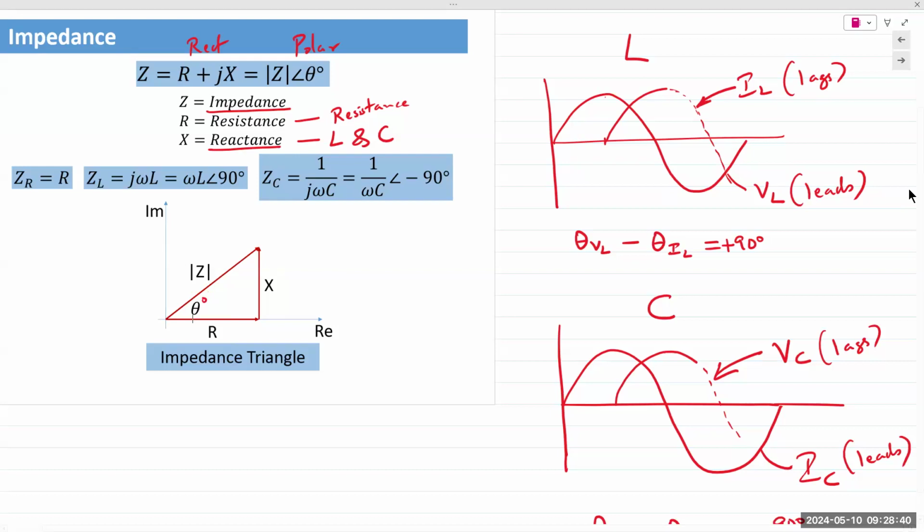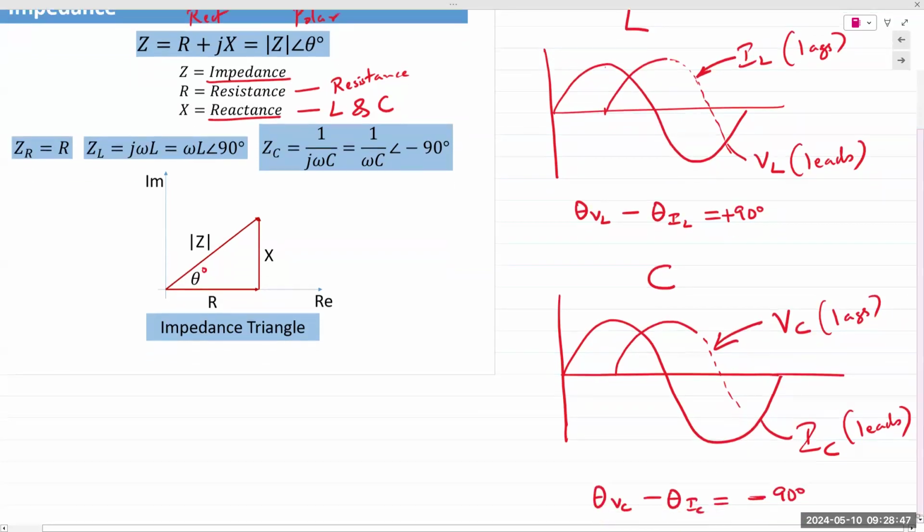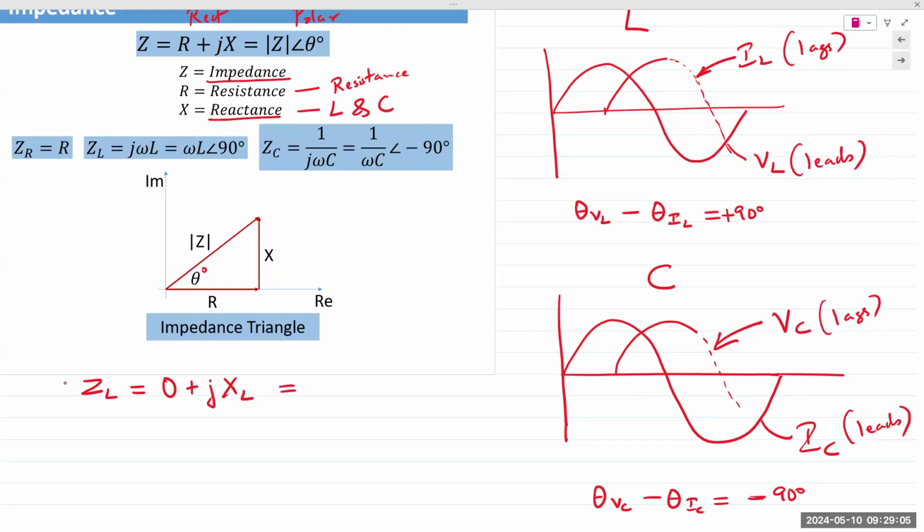This is important. Why? It's because, as I was saying, ZL does not have any resistance. So it's 0 plus JXL, JXL. That simply means the impedance of an inductor is J times the reactance, imaginary reactance.